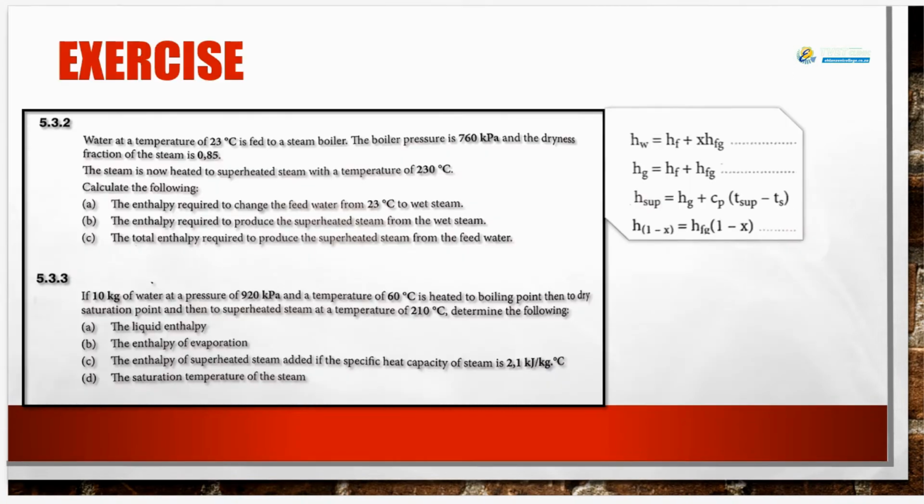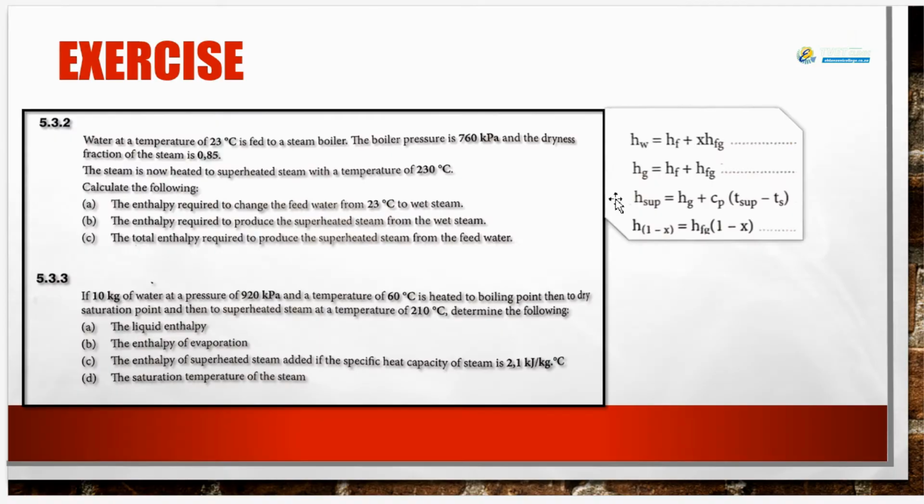Now let us see if we can apply the information that we've acquired today in an exercise. We have our exercise there, 5.3.2 and 5.3.3. I've taken the liberty of including the formulas at the side. Let us look at the first question.